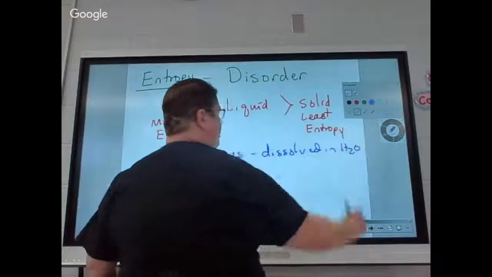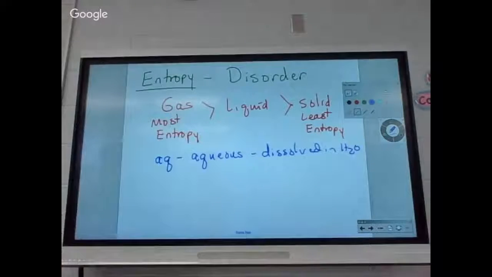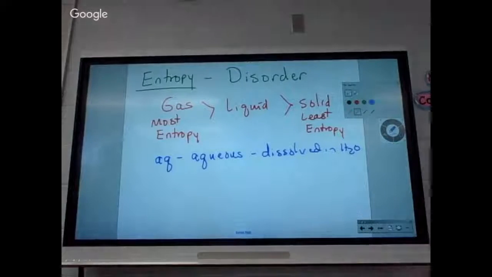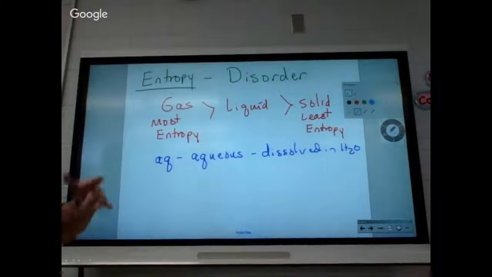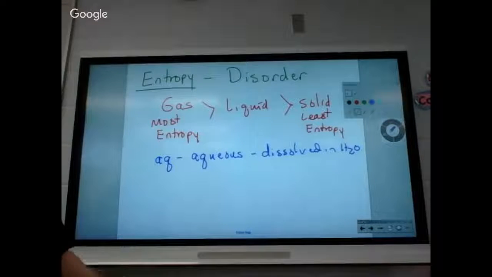Aqueous means dissolved in water. So if you have milk, that's milk fat dissolved in water. Kool-Aid is sugar and whatever flavor you have dissolved in water. Pepsi, soft drinks, carbonation, flavoring, sugar dissolved in water. Whatever drink you drink, other than plain water, is something dissolved in water.